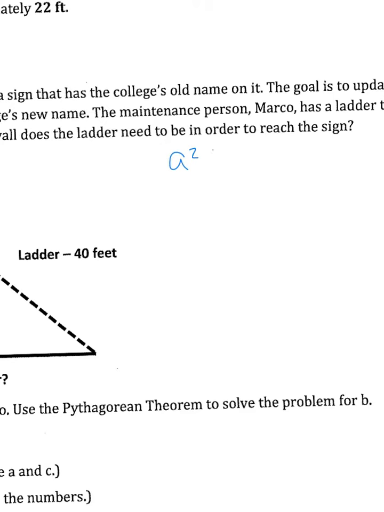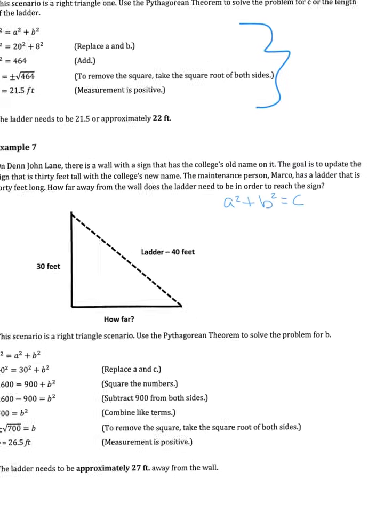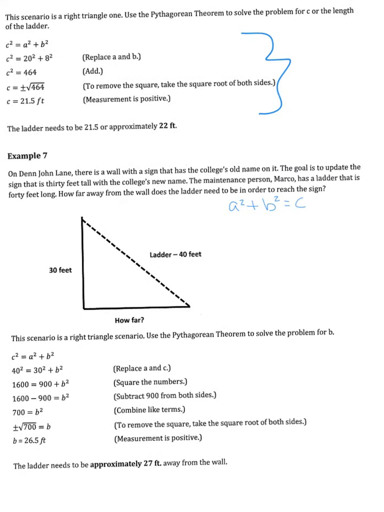A squared plus B squared equals C squared. But this time we will fill in A, not B, and C. So A is 30. So we're going to have 30 squared. We don't know b, we do know c is 40.